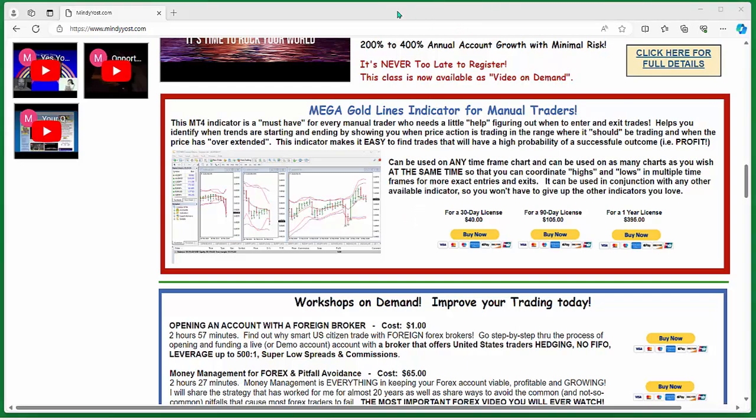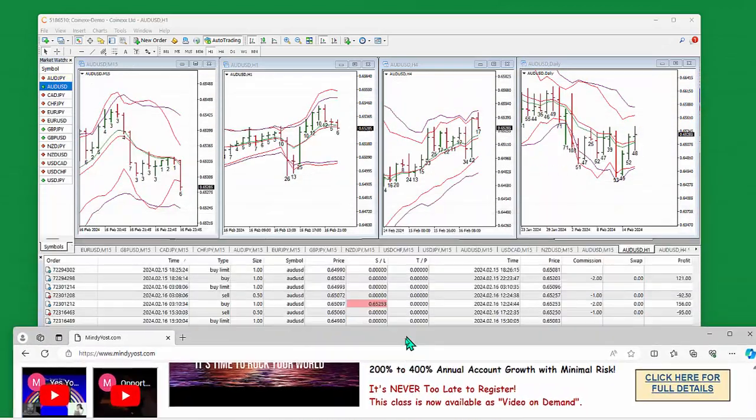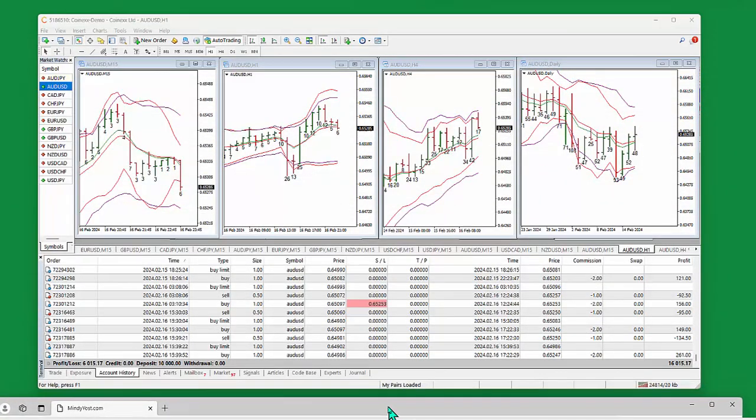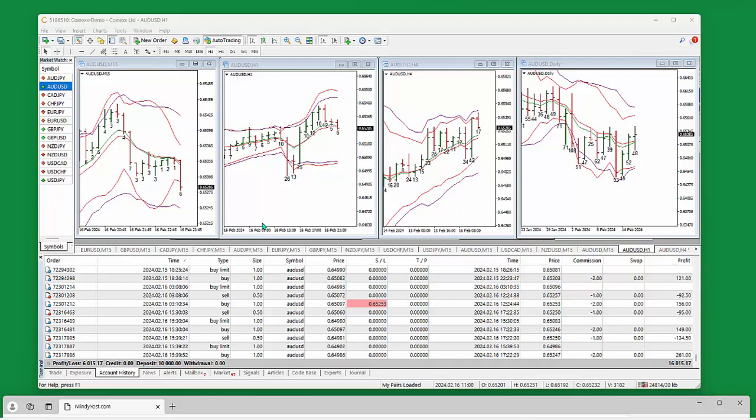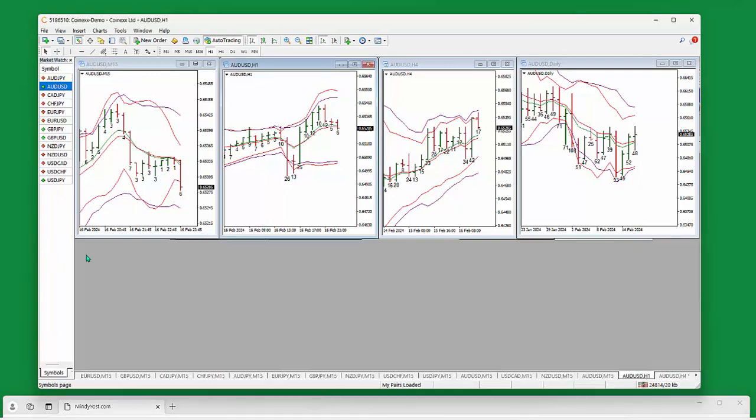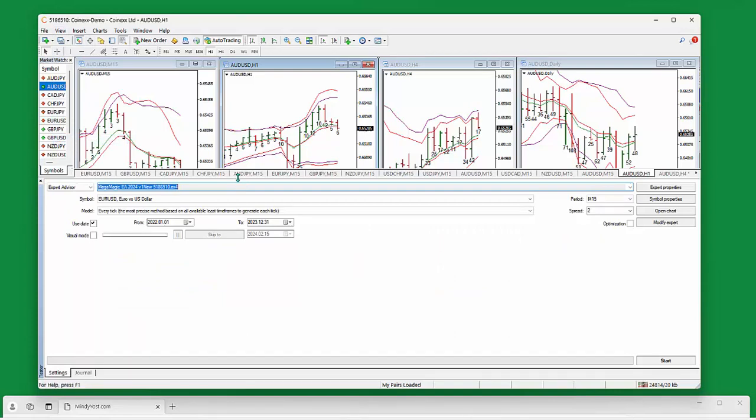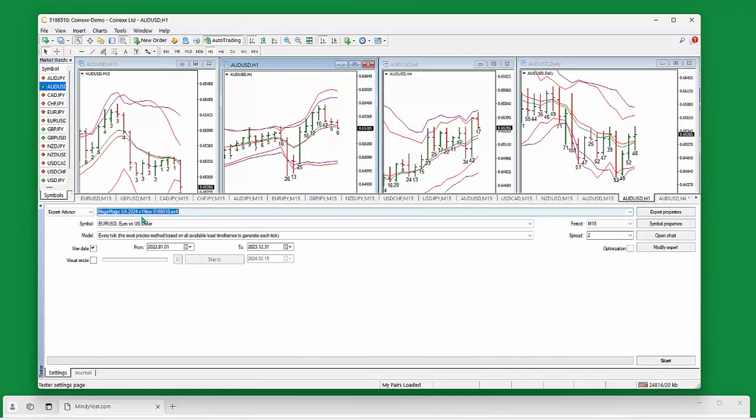Now, with indicators, we can do strategy testing on indicators the same way we do strategy testing on EA programs, right? So if we wanted to do a strategy test on this indicator, what we would do is go up to View, come down to Strategy Tester, and then set up the strategy tester by first telling it that we want it to test an indicator.